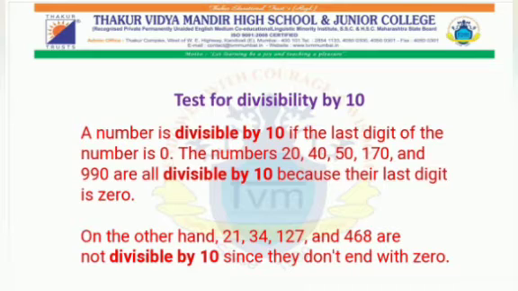On the other hand, let us consider the examples 21, 34, 127 and 468. They are not divisible by 10 since they do not end with 0. The numbers which end with 0 are only divisible by 10. Okay students, let us go ahead.